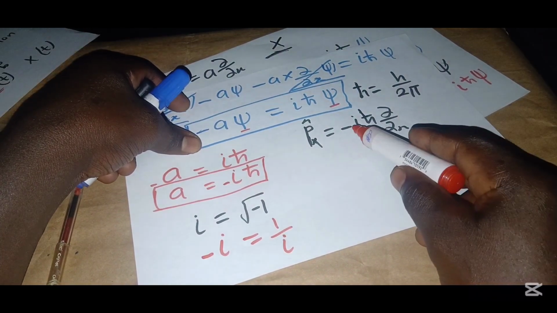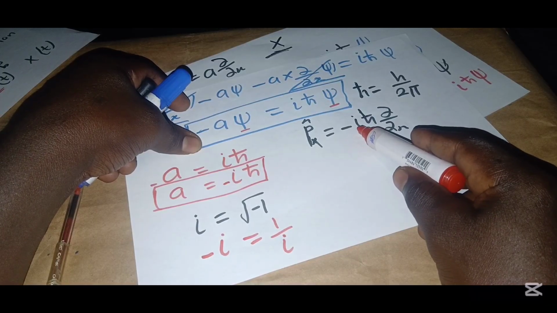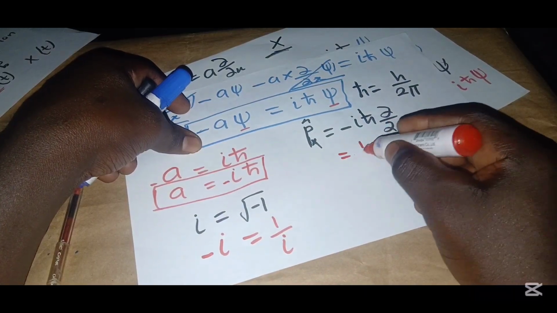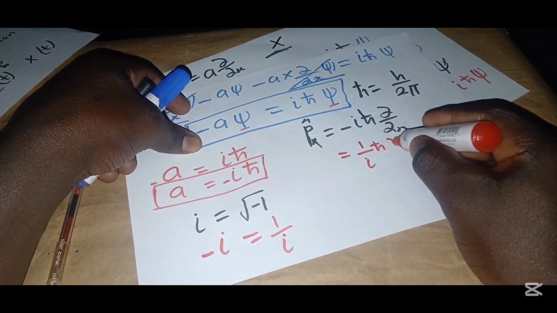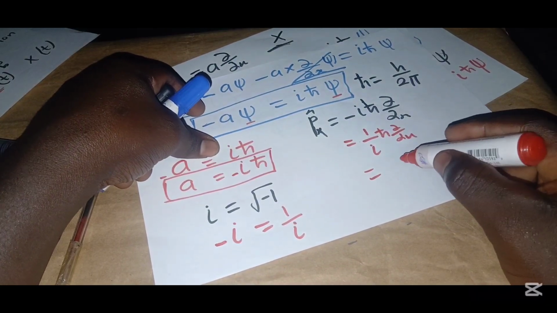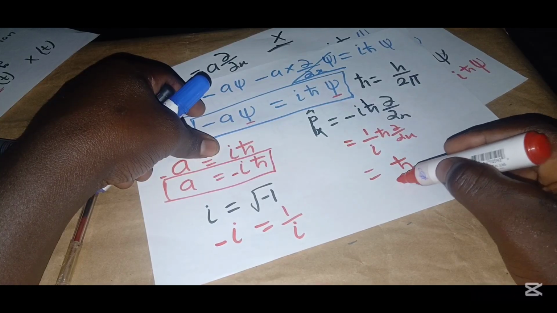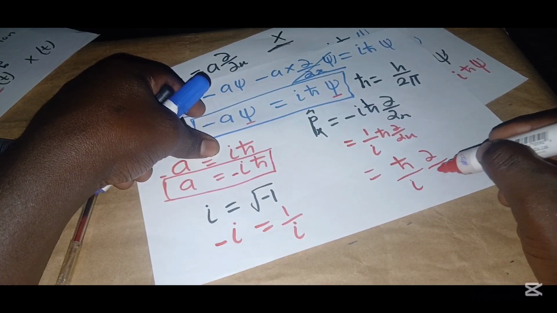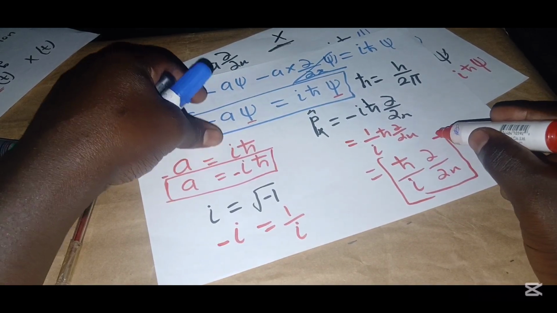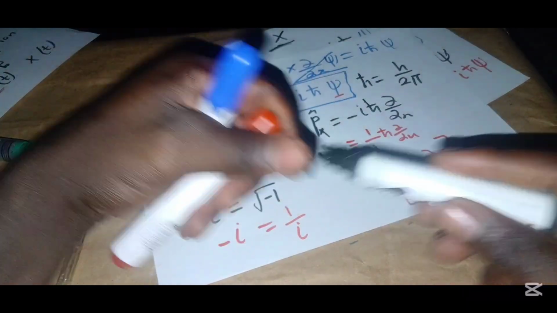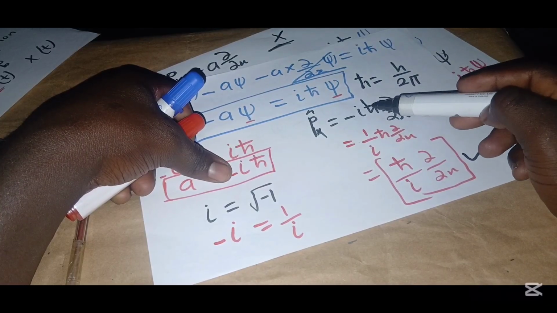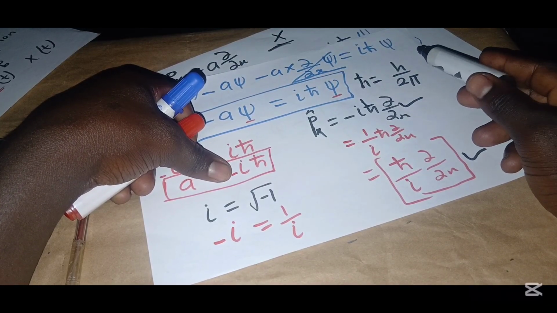So if you replace the corresponding term for minus i here, it is going to be 1 over i, h cross d over dx, which gives us our final momentum operator to be h cross over i d dx. So any of these, you can come across, any of these formulations for the momentum operator. Either this or that, or the one in which the h cross is replaced by the Planck constant itself.